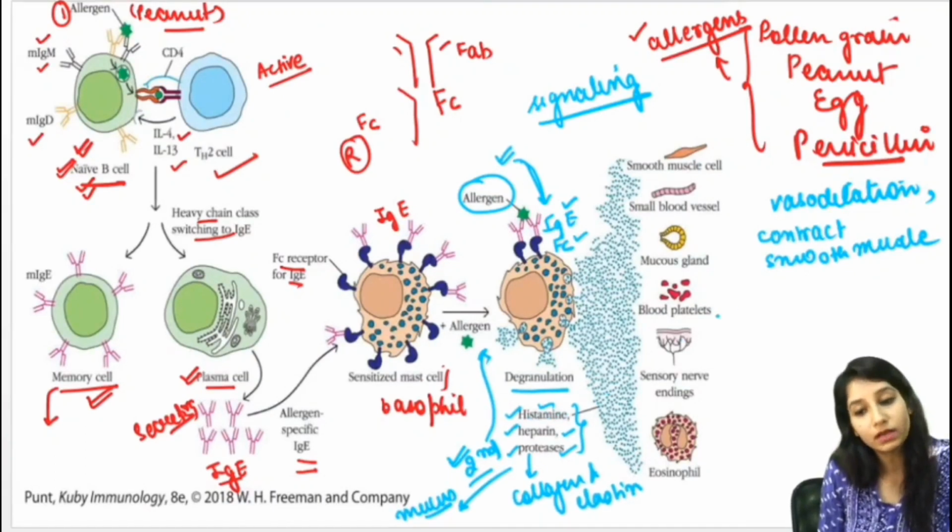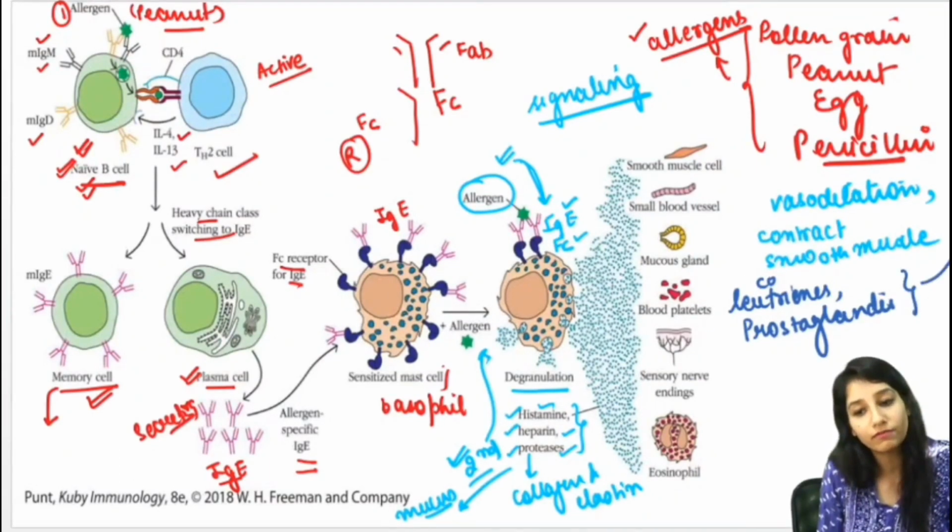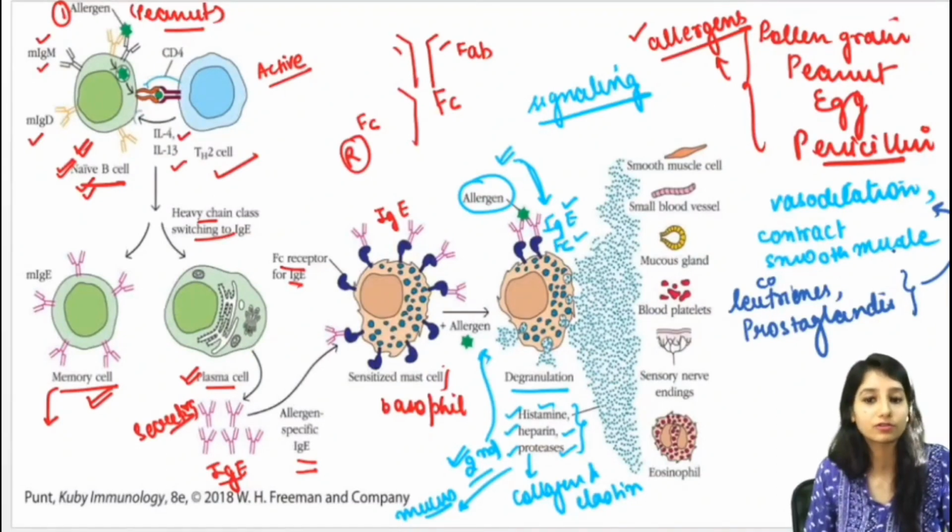After that, some more molecules are also released, like leukotrienes and prostaglandins. These kinds of molecules are also released in your body, and they will also perform vasodilation and smooth muscle contraction.